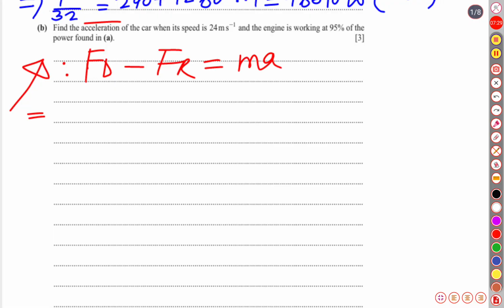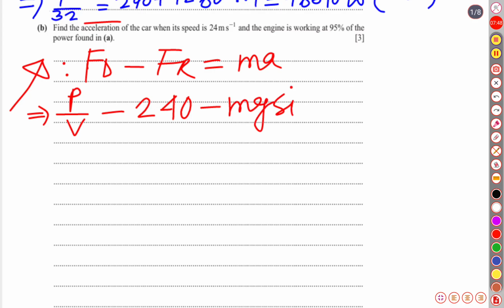Driving force is power over velocity, and resistance to motion is unchanged: first, the frictional force 240, then the resistance caused by the weight, mg sine theta, equal to mass into acceleration.